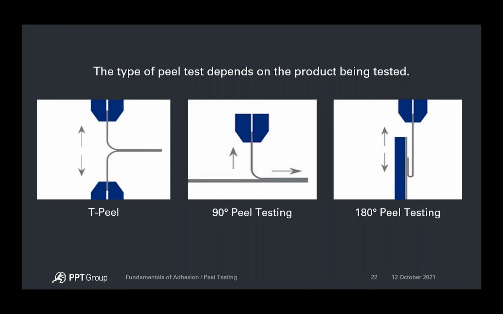But if you make plastic yogurt cups fitted with a flexible aluminum foil lid, or K-cups for the coffee makers, we'll recommend the 90 degree peel. And if you're gluing together strips of leather for automotive seating applications, for example, we'll probably be looking at a T-peel type of test. So again, the type of product or material being tested will determine the type of testing application.